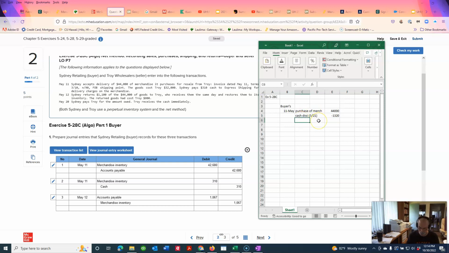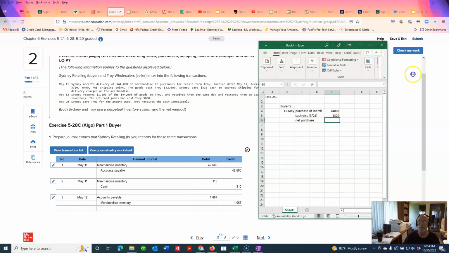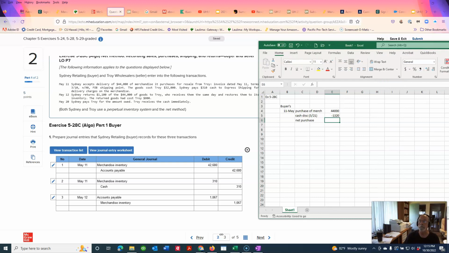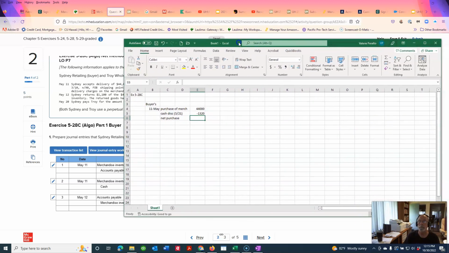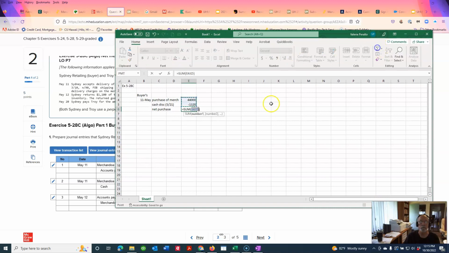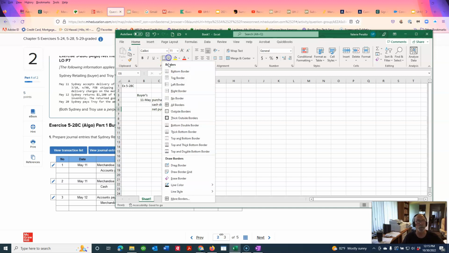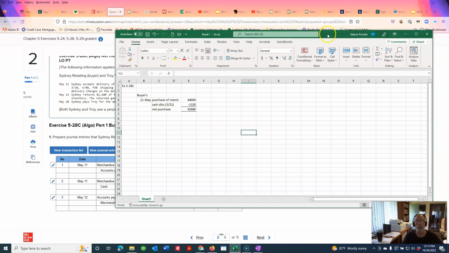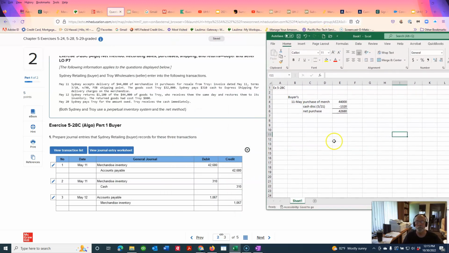And so our net purchase, hence the term net method, is $42,680, which is the amount that we recorded on that journal entry.